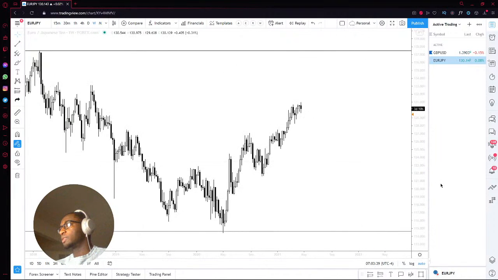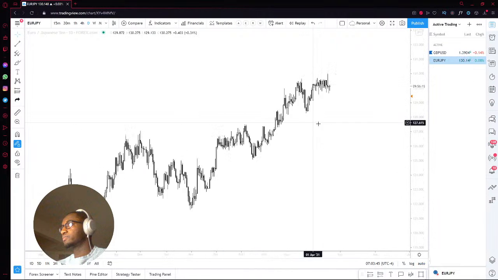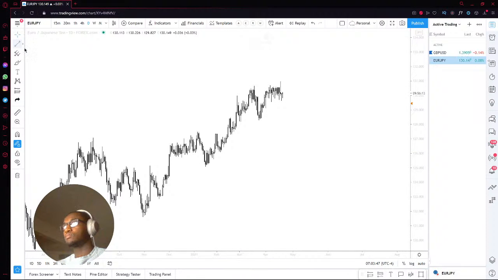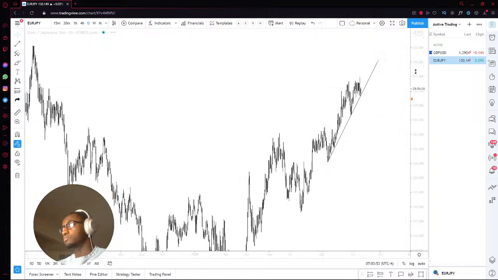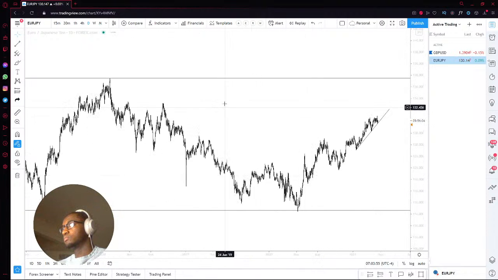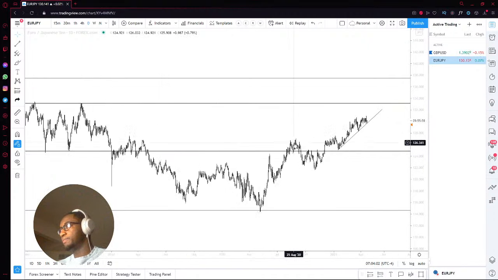So starting with the monthly box price in, and then as we go down to our daily, I'm going to go ahead and draw an uptrend, like that. And box price in just to get some closer levels to target.